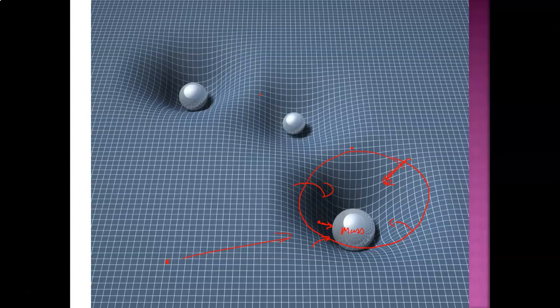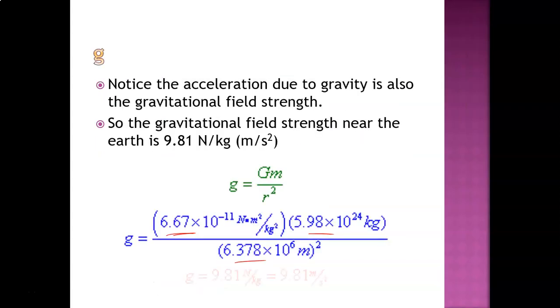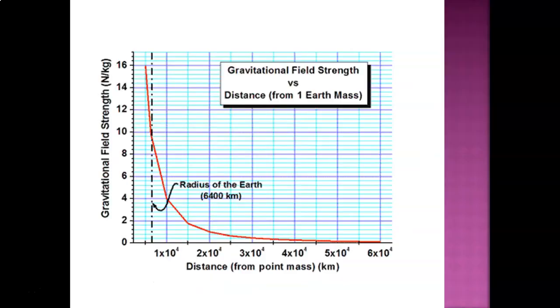Right, if we think about again this picture here, the further we are away, the less acceleration we're going to have, the less bending we have, right? But it also depends on the mass. More massive objects bend this more than less massive ones, right? This object is less massive than this one, so it's bending it less, right?